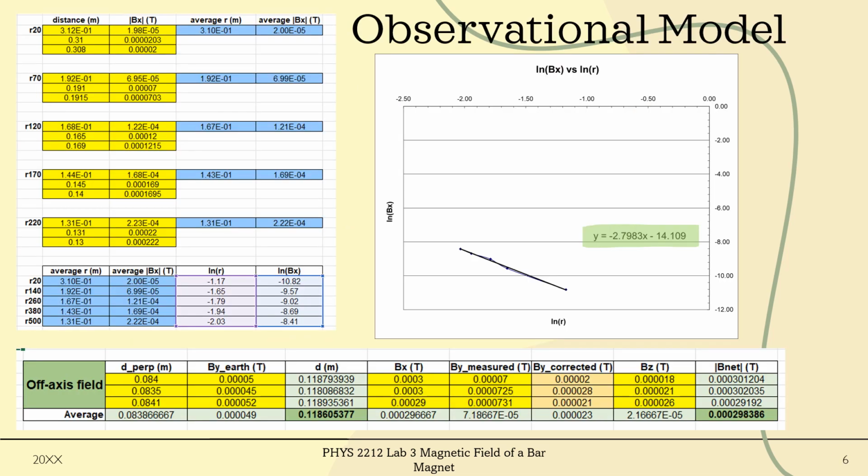In our observational model, we found that the distance dependence equation was y equals negative 2.7983x minus 14.109, and we did this through first finding our magnetometer on our phone, and then from there placing a bar magnet perpendicular to our north, so running through the east-west axis.